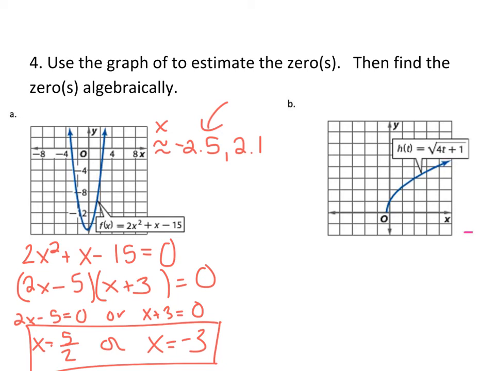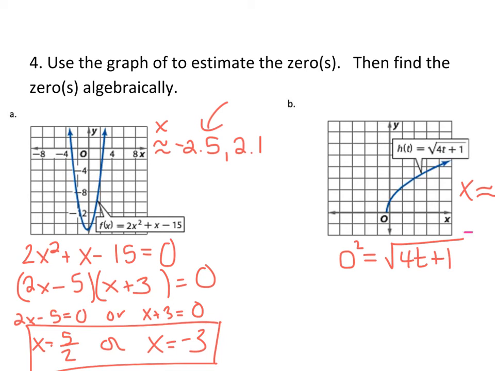All right, part B looks like a radical function. So we need to estimate, looks to me like my 0 is approximately -1/4, guessing a little bit here. And I'm going to solve this algebraically. So I set my function equal to 0, and I start solving this.